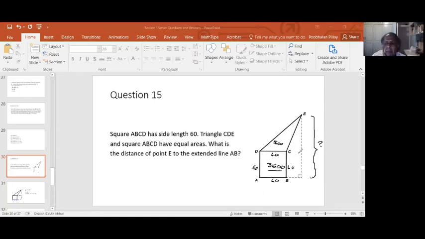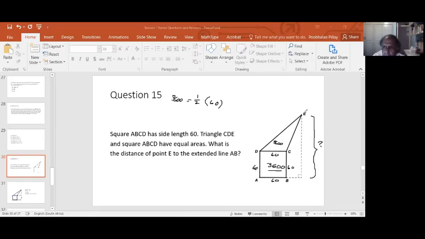All right. Now, that shouldn't be too difficult, because we know how to find the area of a triangle. The area of a triangle is half base times height. So the 3600 is the area of the triangle. It's equal to half the base, which you can see is 60, times its height. But what is the height of this triangle?